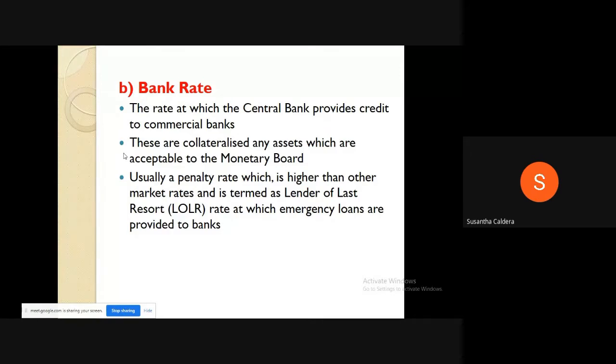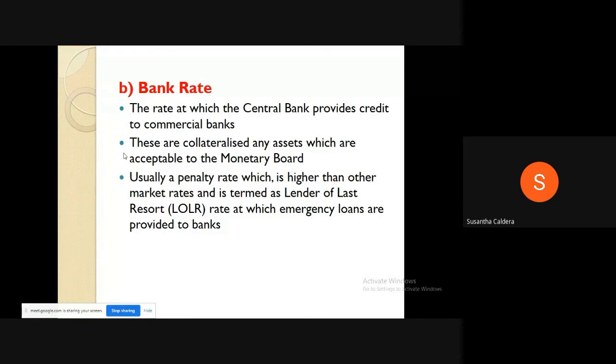We keep a tab on that, and then we can deal with the other commercial banks. These are collateralized against any assets which are acceptable to the monetary board. Usually a penalty rate, higher than other market rates, termed the lender of last resort, LOLR, rate at which emergency loans are provided to banks.